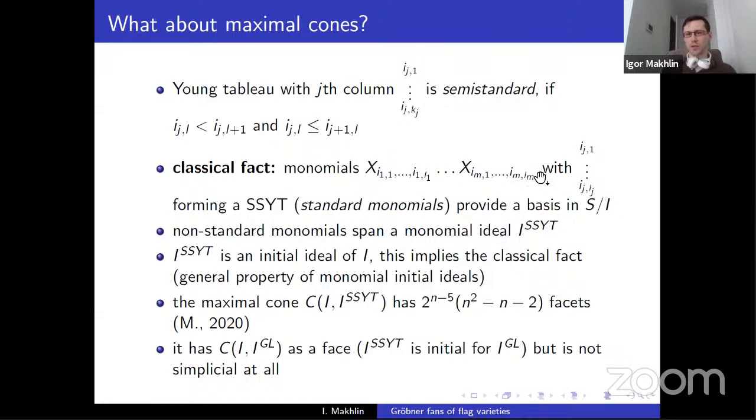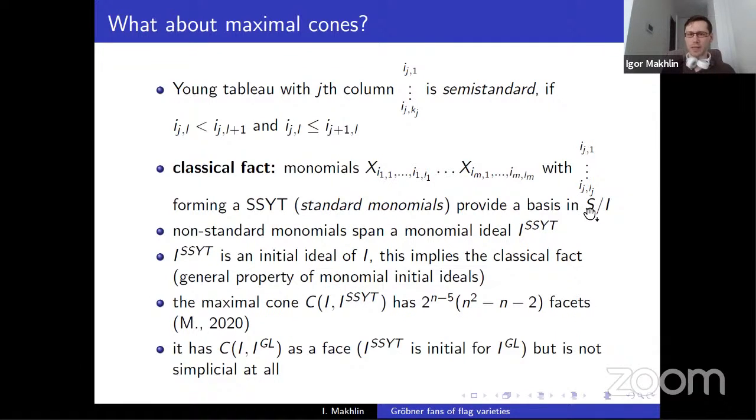So for each monomial, you have a Young tableau, and it can be semi-standard or not. And those for which it is semi-standard, let us say that they are standard monomials. And what I'm saying is that this is actually a basis. The standard monomials form a basis in the Plücker algebra. If you take the natural projection from S to S modulo the ideal, they project into a basis.